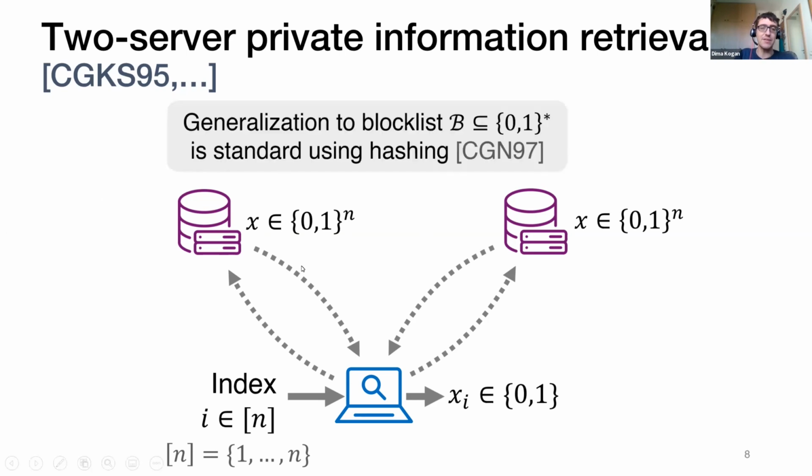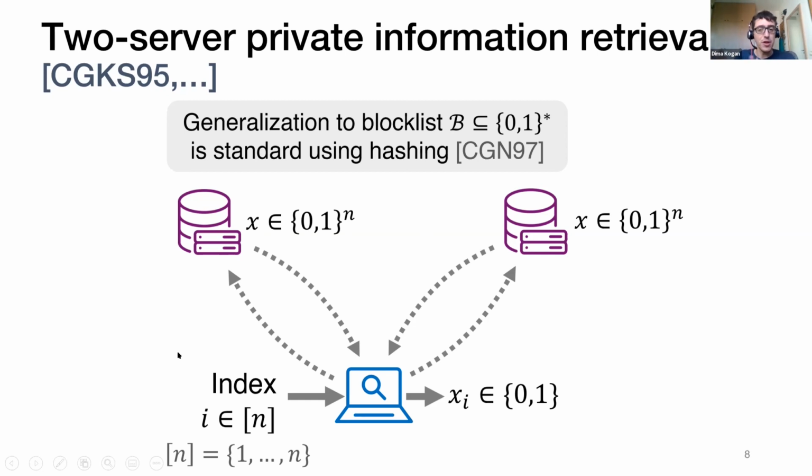There are standard extensions in which we can support larger database records, or actually, instead of an array interface, we can also use PIR to provide the kind of dictionary lookups that we need to do, in particular for our block list applications. And this can be done using standard techniques from the literature, for instance, using hashing.